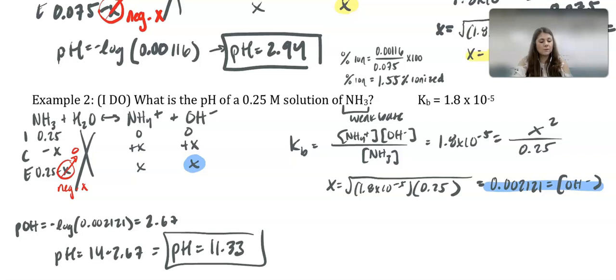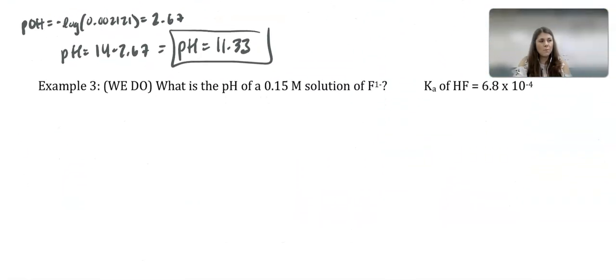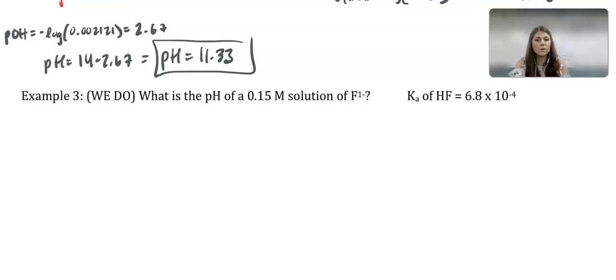All right, so I have one more problem, which I would love for you to do, but one thing I want to just note before you get started. We want to know the pH of a 0.15 molar solution of F minus. And they tell us the Ka of HF is 6.8 times 10 to the negative 4.